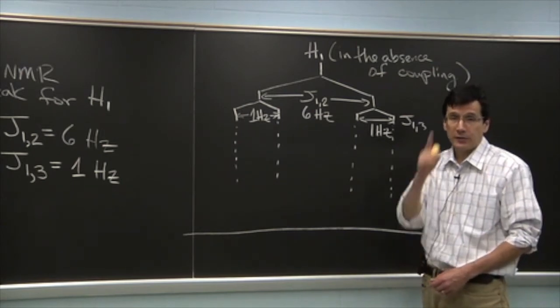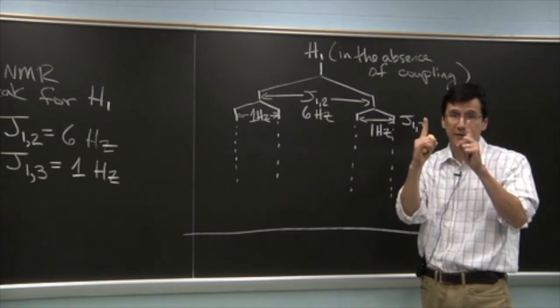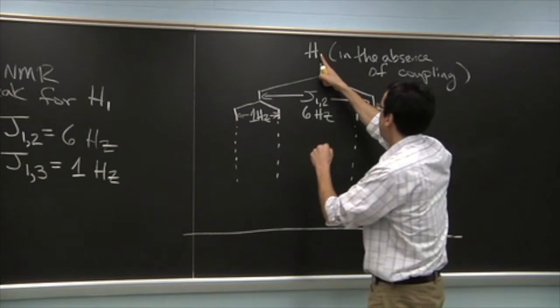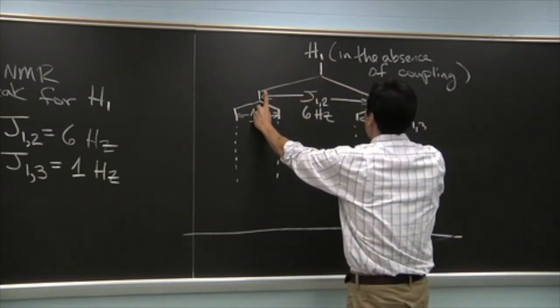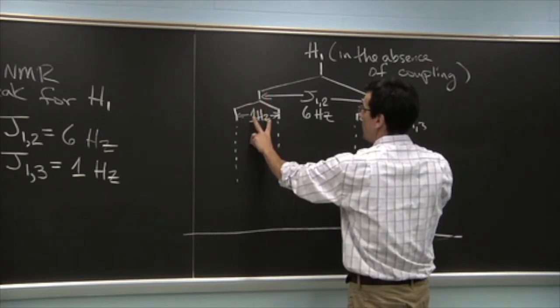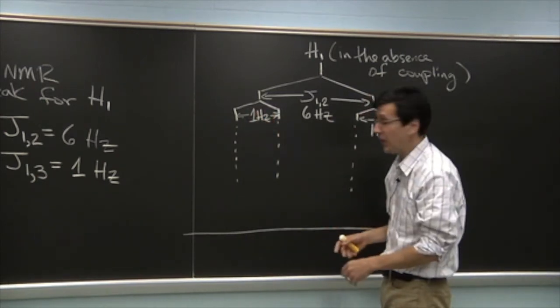When you split a line in NMR into a doublet, the two lines of the doublet have the same intensity relative to each other. So when we split this initial line, I would have two equal-sized peaks. And then when those two equal-sized peaks were further split into two more peaks, the doublet over here and the doublet over here should have the same size.